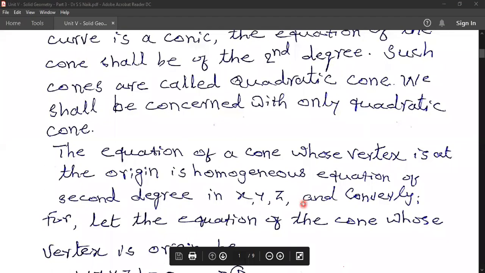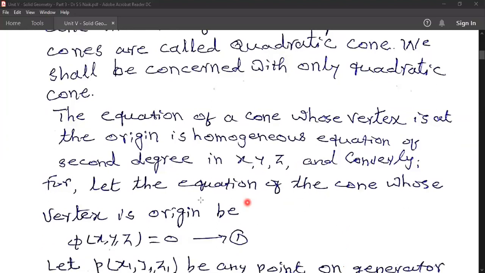A second degree homogeneous equation always represents a cone. So we'll first find that equation, and then we'll go to the corresponding right circular cone and all other parts.